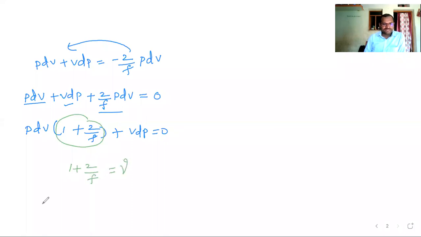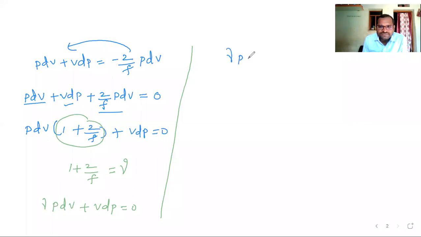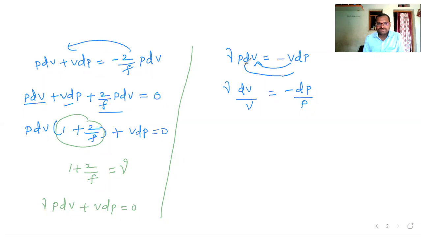So it can be written as gamma times PdV plus VdP is equal to 0. We can write gamma times PdV is equal to minus VdP. Now gamma times dV upon V is equal to minus dP by P. So V goes to this side, P goes to this side.